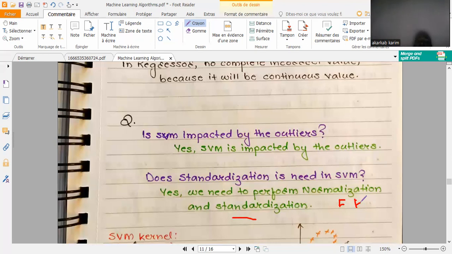The big idea of standardization is to minimize the range of values. In some features we find high values and in another feature low ones, so this interval is big, and we need to minimize it. This is the idea of normalization and standardization.